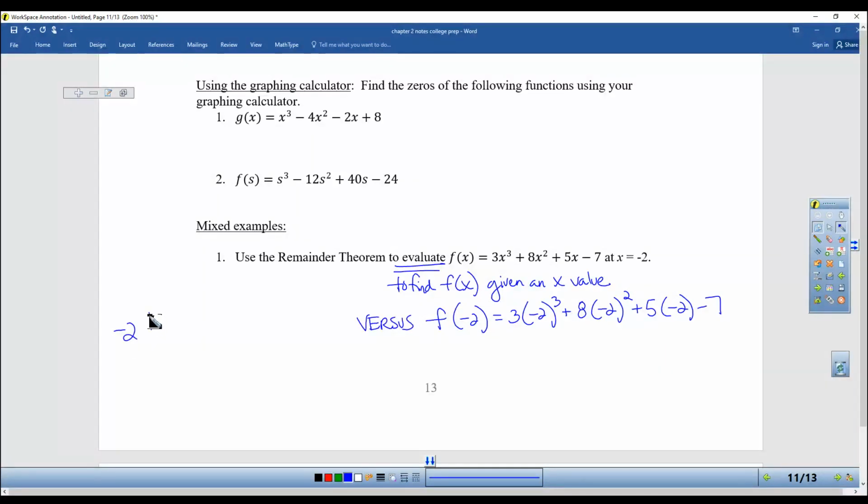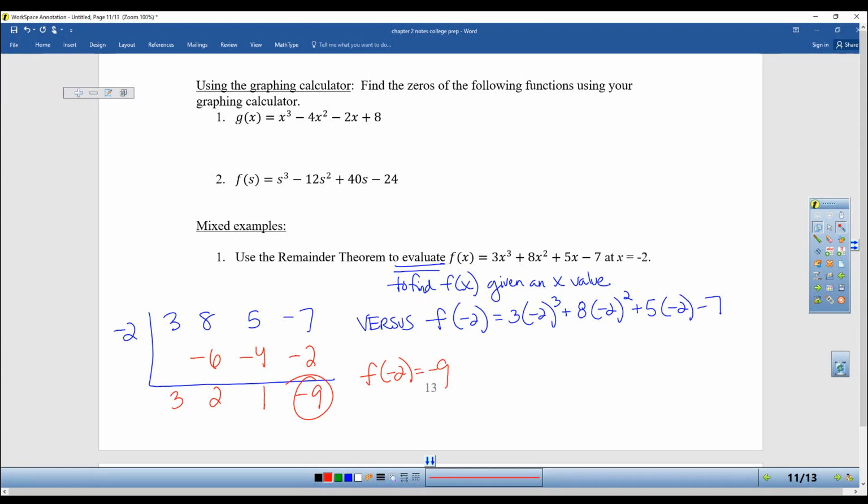Putting a -2 in the box, 3, 8, 5, -7, or doing out this math? So I definitely think it's easier to do the one in the box. The numbers are smaller. 3, -6, 2, -4, 1, -2, -9. F of -2 is equal to -9.